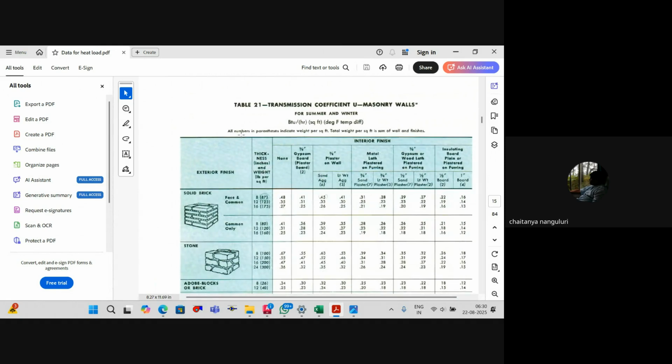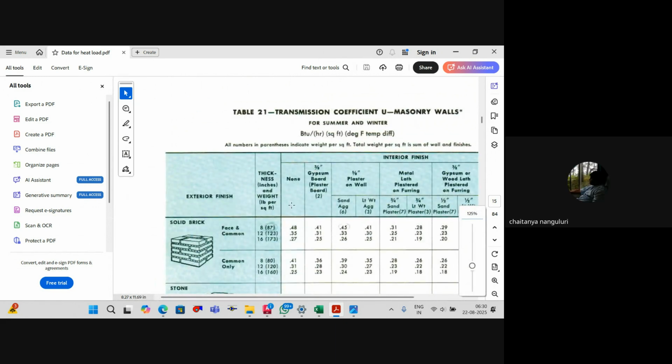According to our wall thickness we have to take the value. Let's consider my wall thickness is around 8 inches. If I consider an 8 inch thick wall, I have to consider these two things. One is face in common, which means you have plastered on both sides; one side is face, the other side is common.